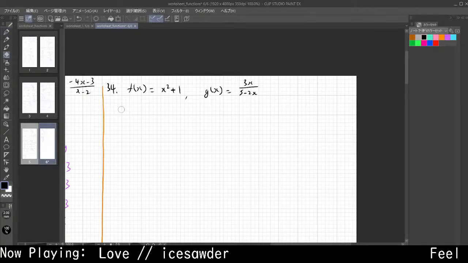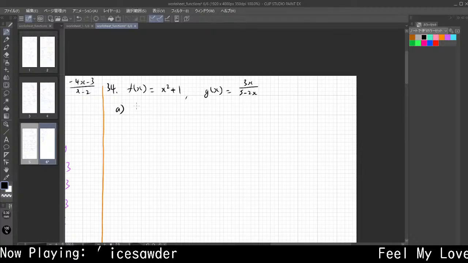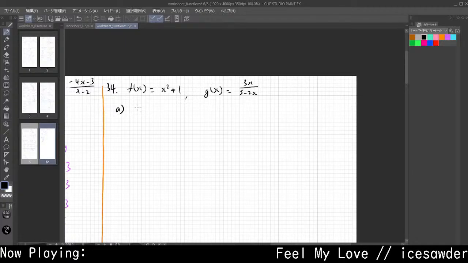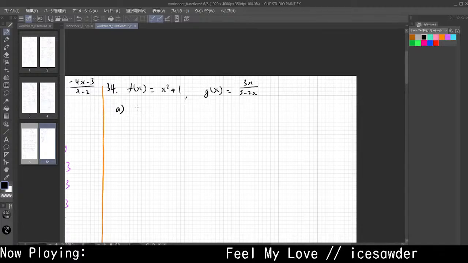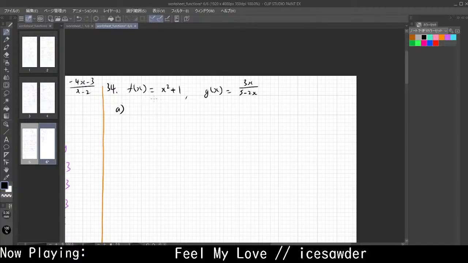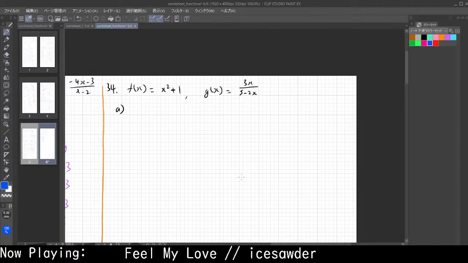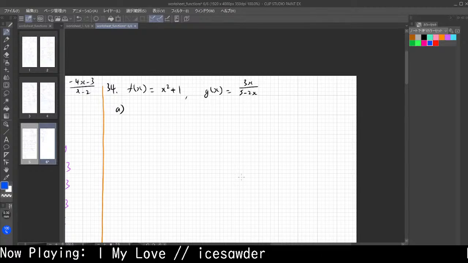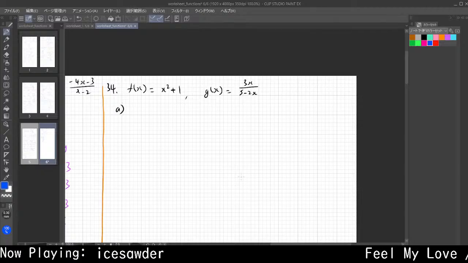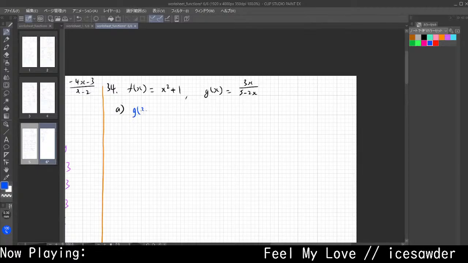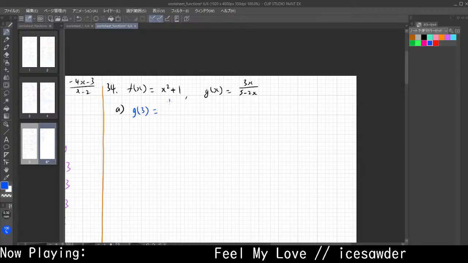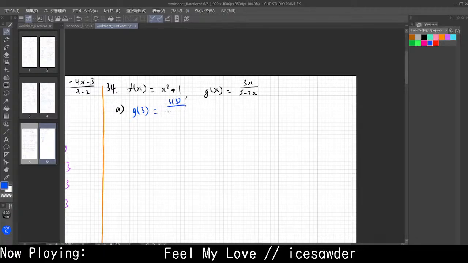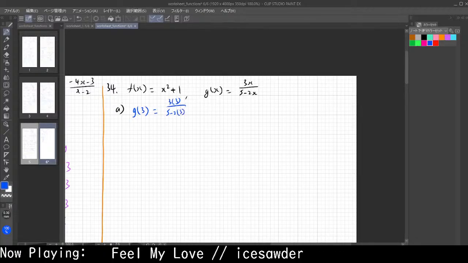The easiest way to do this is to calculate g(3) first and then sub it into f, so you don't have to find fg explicitly. So g(3) is equal to 3 times 3 divided by 5 minus 2 times 3.